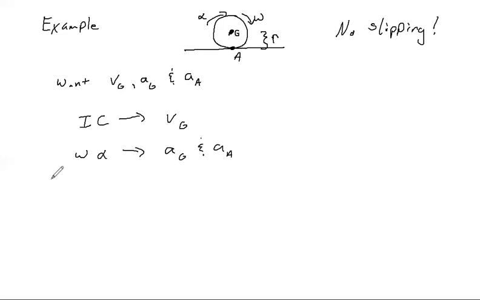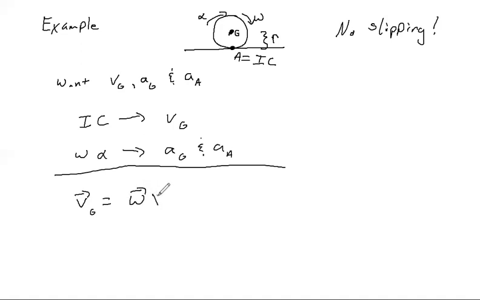So, we know, because it rolls with no slipping, that point A is also the instantaneous center of motion, which means that the velocity of G should equal omega cross the vector from G to A. And we know it only moves horizontally here.